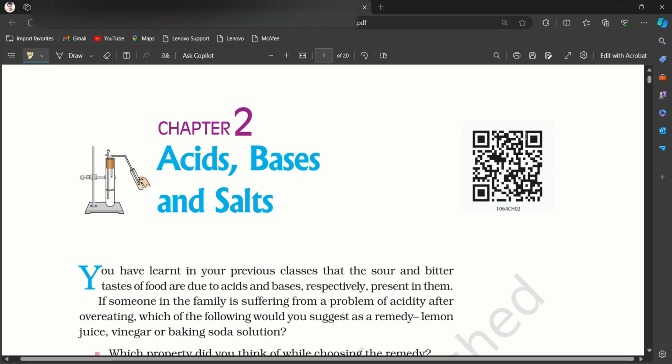The most important thing in this chapter is that you remember the reactions, meaning the chemical properties of acids and bases, and what the products are when they react with metal oxide or base. You also have to remember the preparation methods, how we prepare bleaching powder, sodium bicarbonate, etc. I'm leaving that up to you. So that's all. I'm done with chapter 2.